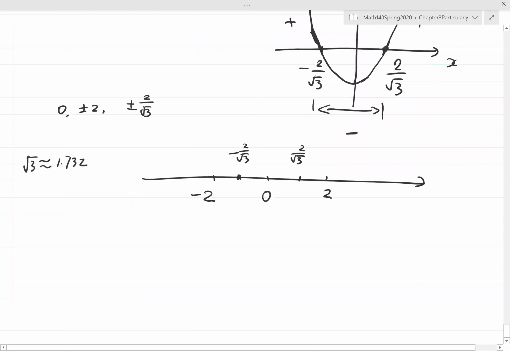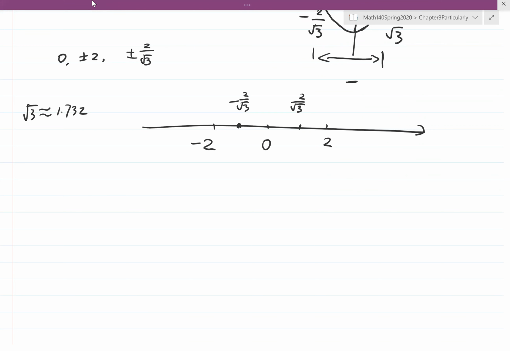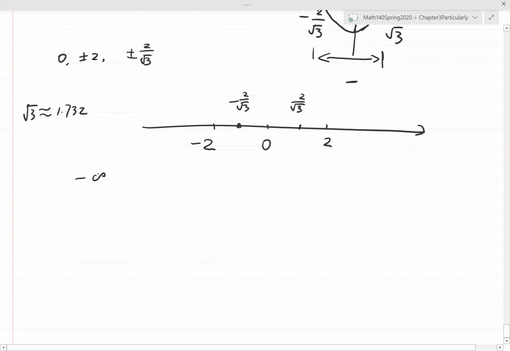And then we have a bunch of intervals. These numbers partition the number line into intervals, and we put interval notation: negative infinity to negative 2, negative 2 to negative 2 over root 3, and then negative 2 over root 3 to 0.